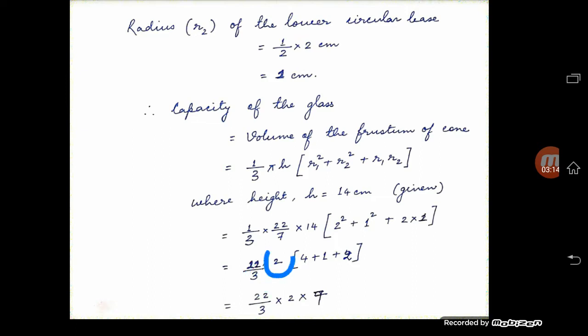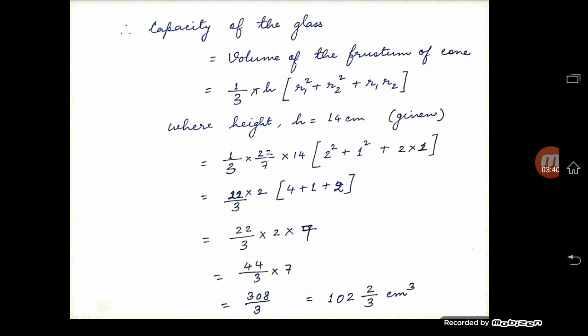22/3 into 2. This 2 square will be 4, 1 square will be 1, 2 into 1 will be 2. So 22/3 will remain as this, 2 will remain 2. 4 plus 1 is 5, plus 2 will be 7. So 22/3 into 2 into 7.